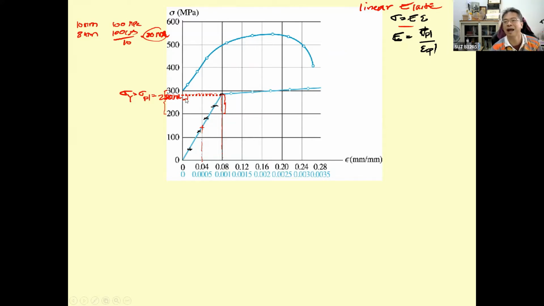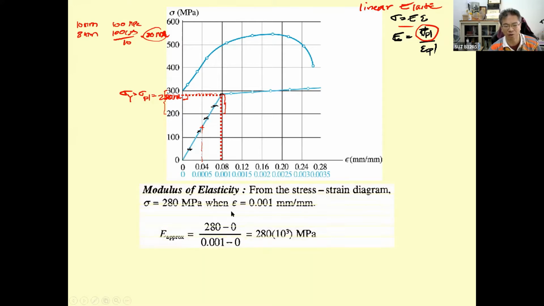Now you get the sigma sub proportion, and the strain is 0.001, as I told you. So the modulus of elasticity is going to be 280 megapascal divided by 0.001, meter by meter.